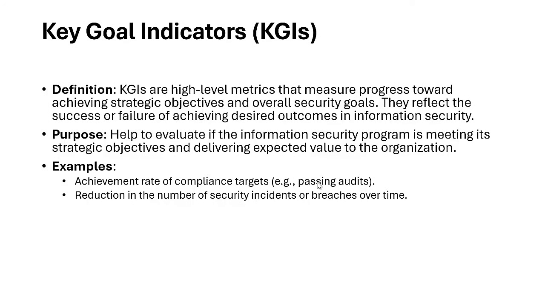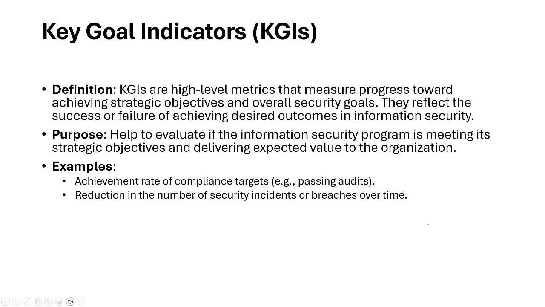Which metric is used to track the ineffectiveness of the control or the risk parameters, the answer is KRI, because KCI is included in the KRI. Some examples: achievement rate of completion target is my KGI. Reduction in the number of security incidents or breaches over time is also called a KGI.